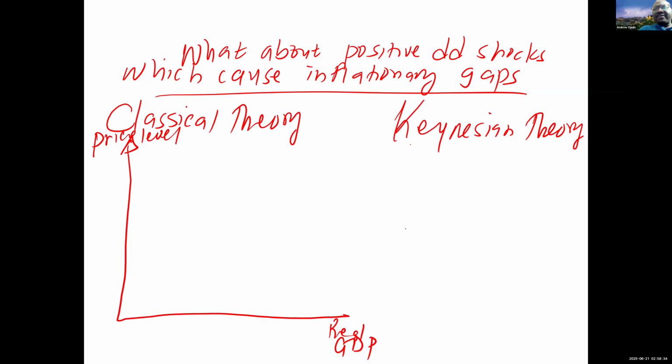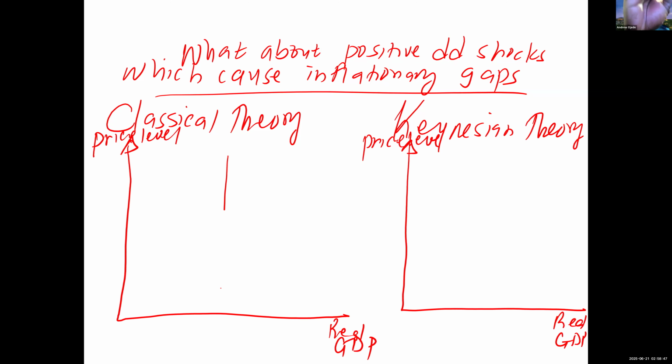Then we're also going to have this in the Keynesian framework here: price level, real GDP on this axis. So you must always start at a point where all three curves were intersecting.